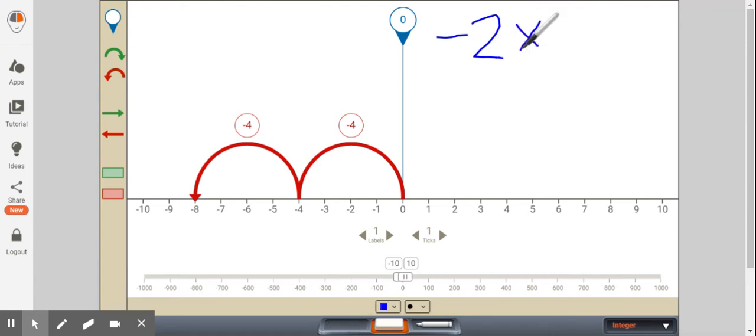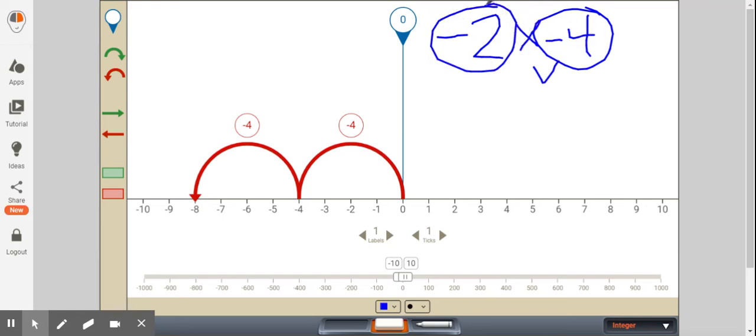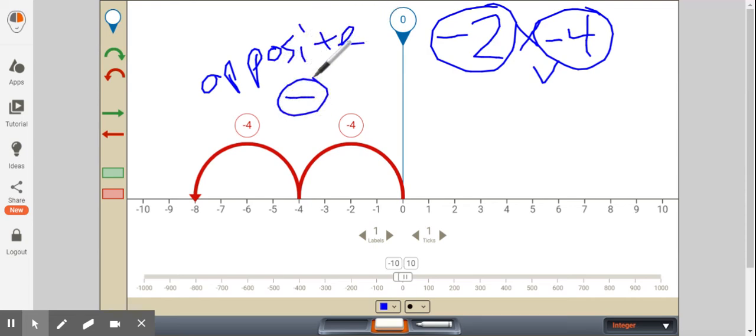So the last example from our notebook is negative 2 times negative 4. So inside the group, we have 4 negatives, but we need to make them opposite groups. So what's the opposite? It's kind of like having another negative out here. What's the opposite of negative 4 and negative 4?